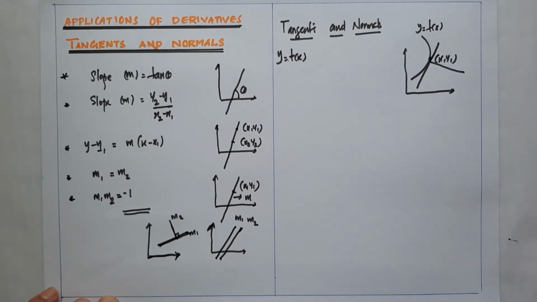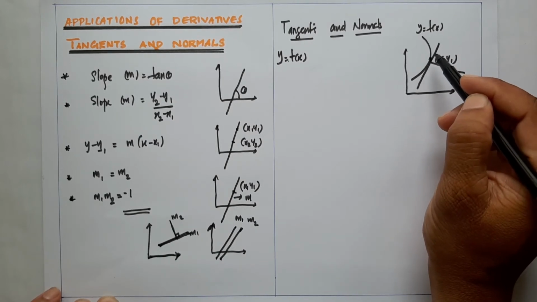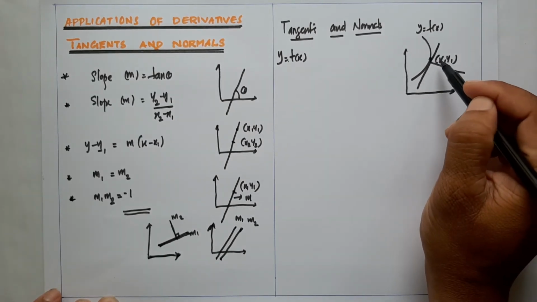You already know how to find the slope of a line using two methods. If the angle of inclination is given, then the slope is tan theta, and if a line passes through two fixed points, the slope is y2 minus y1 by x2 minus x1. Now we discuss a third method for finding the slope of a line. Suppose a curve passes through a fixed point.